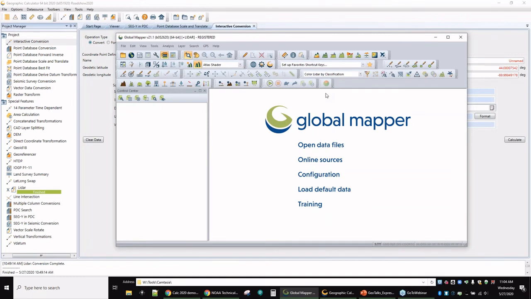Presently in Geographic Calculator, there are a number of different datum transformations, projections, and methods for things that are not supported natively in Global Mapper. Those major categories include things like NADCON5 transformations, but that also includes things like vertical datums. So if you are working with elevation data and you're trying to put those on different geoids, that's one major reason right off the bat to bring those two together, to have Calculator alongside Global Mapper.